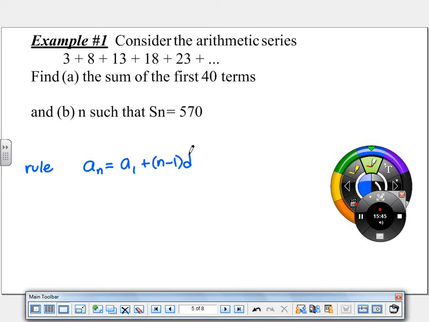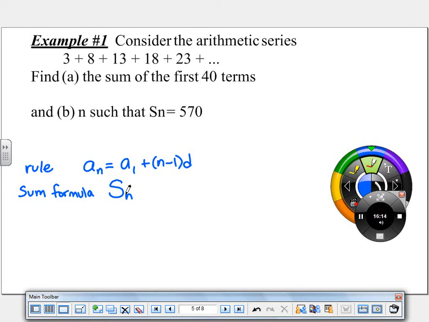Now, when it turns into a series, when they want you to add it up, there's a formula for how to add up the terms of the series. And we actually already figured the formula out in our math moment. The notation is going to be an S for sum. It's still going to have the subscript of n next to it because it's telling you to sum up this many terms, the first 10 terms, the first 15 terms.